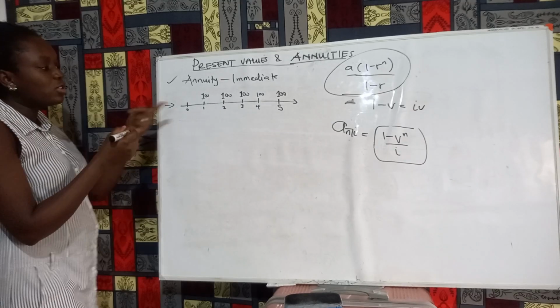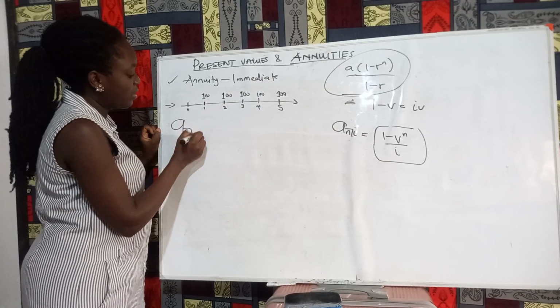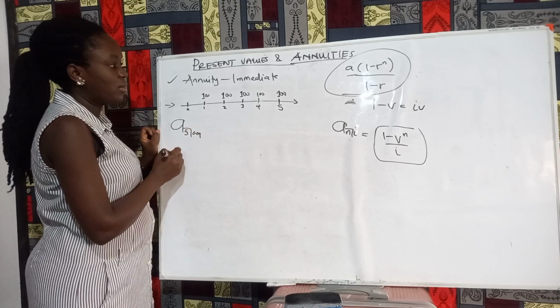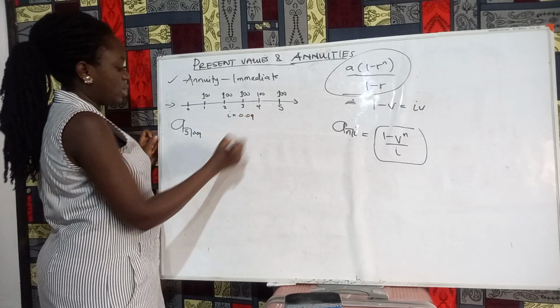So to find the present value of this series, n is 5, and the interest involved was 9%, so I equals 0.09.